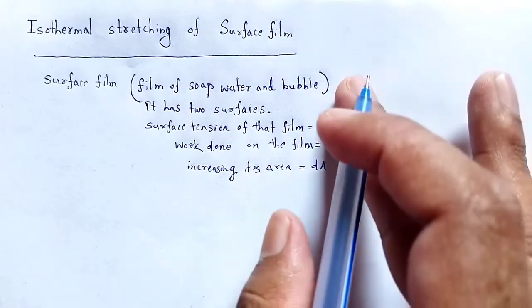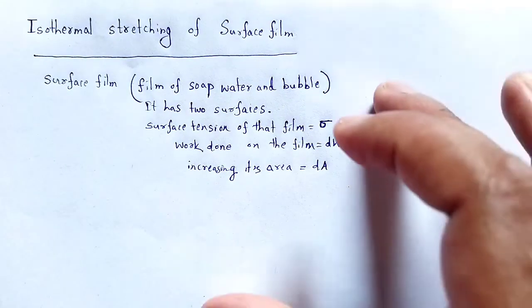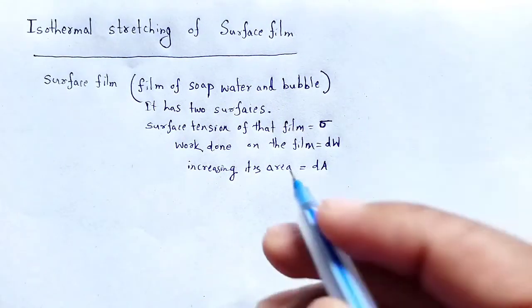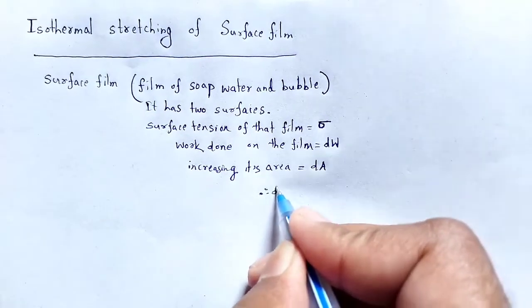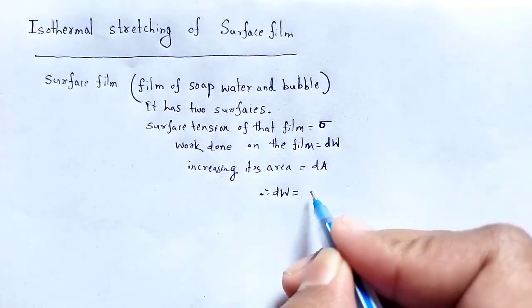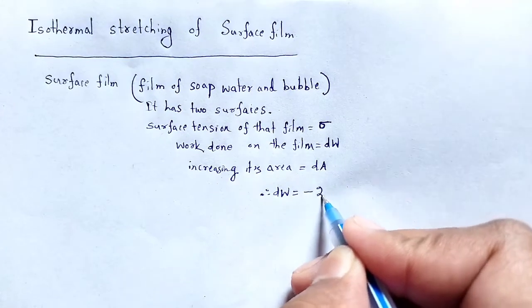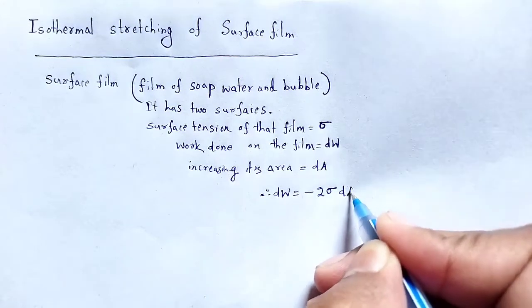Therefore, from this data, the work done dW is equal to minus 2 sigma dA.